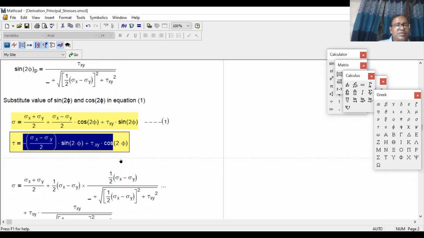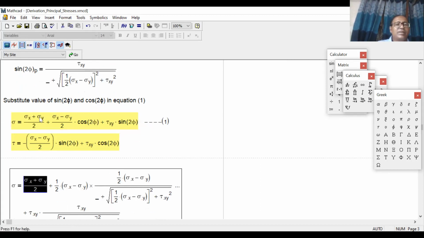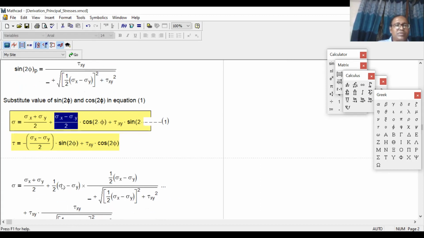So first we put the value right over here. So this value remains the same, right over here remains same, this value remains same. So this will be like that. Now cos 2 phi equal to how much? You look at the formula. This is cos 2 phi. I took from here.